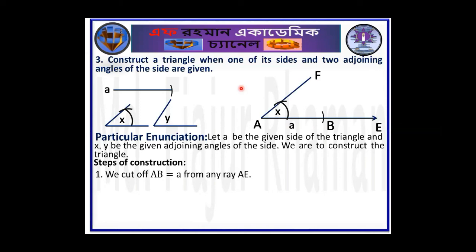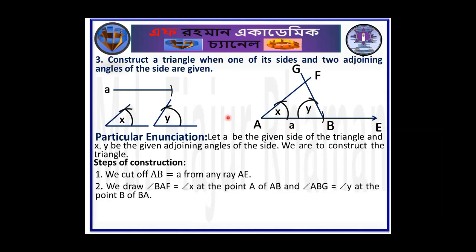But in the exam, you just have to write, we draw angle BAF equal to angle X at the point A of AB. Similarly, we should write, we draw angle ABZ equal to angle Y at the point B of BA, not AB, but BA. I think you have already known how to draw equal angles.